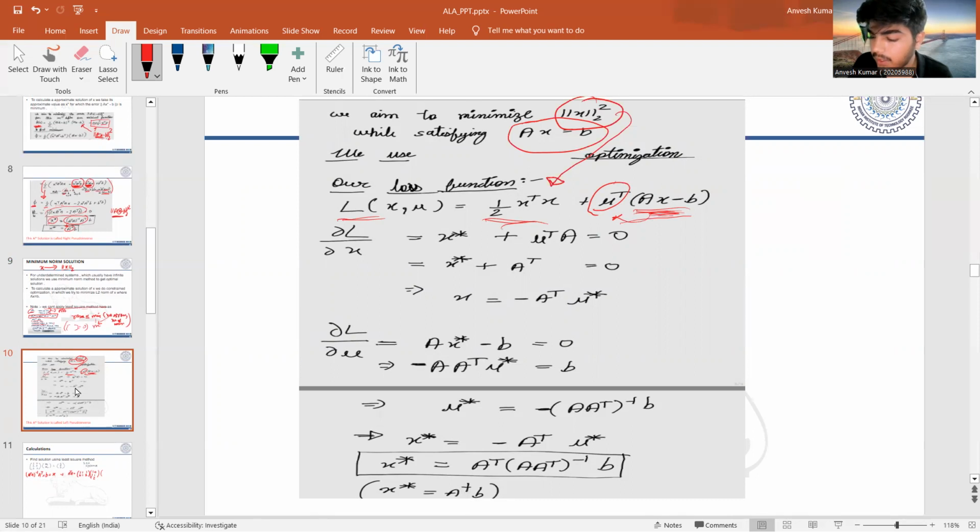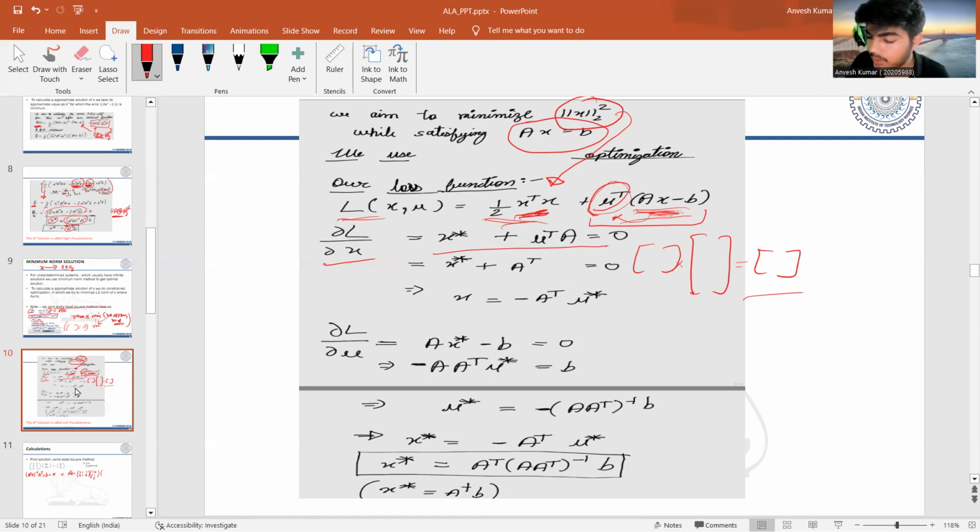So we differentiate our Lagrangian with respect to x first, which comes out to be this. Now notice that x transpose x will be a scalar. As you can see, x will be something like this, and x transpose will be something like this, and its product will of course be a scalar. So if this is a scalar, we choose our mu transpose such that this will also become a scalar, because only a scalar can be added to a scalar.